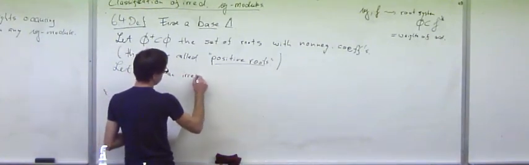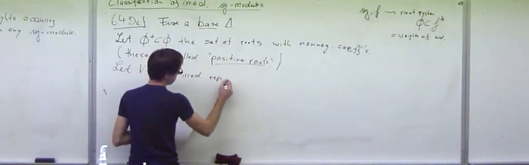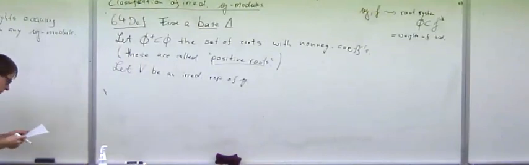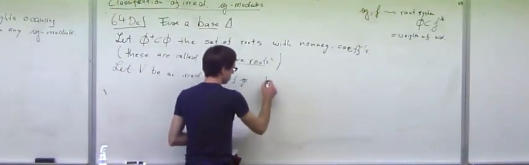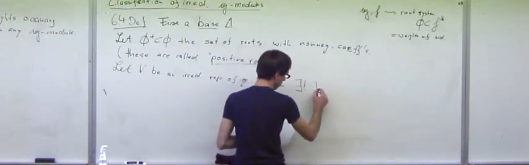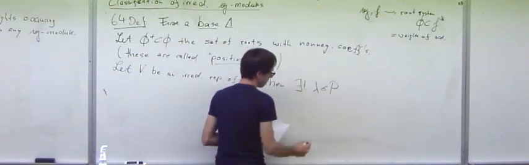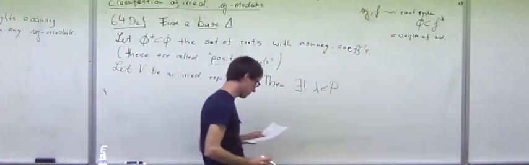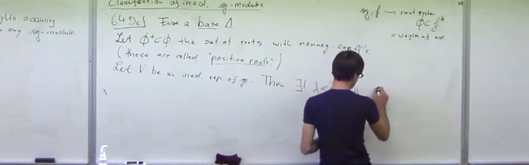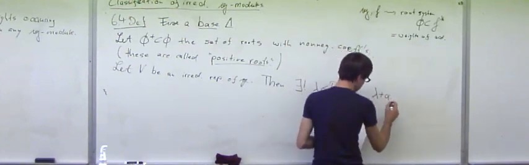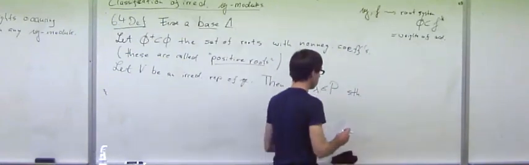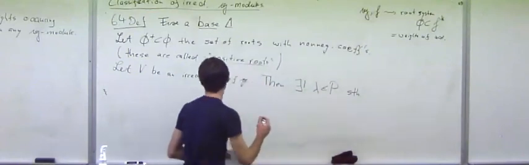We fix an irreducible representation, an irreducible G module, and then the theorem is the following. There is a uniquely determined element lambda in P such that two properties hold.